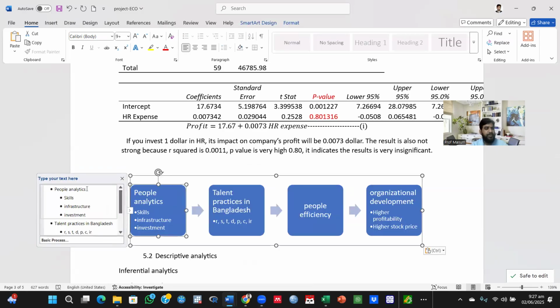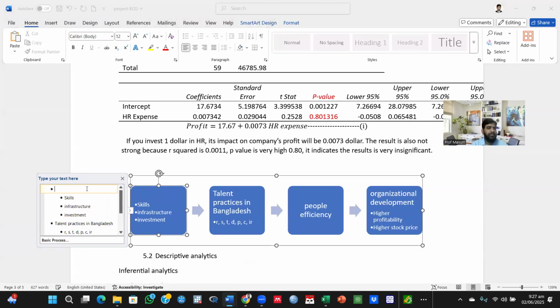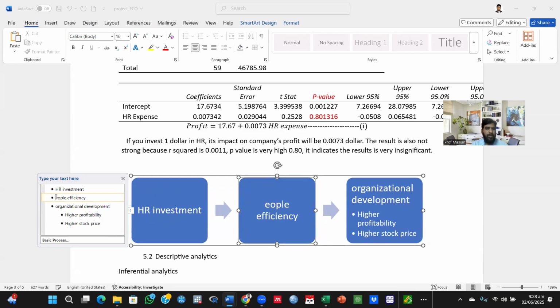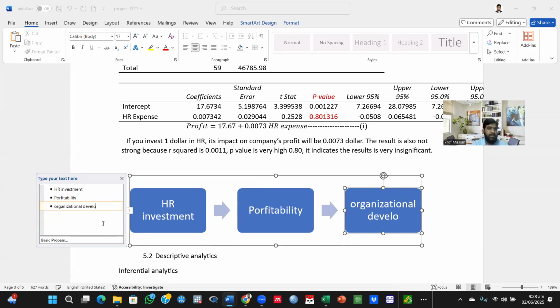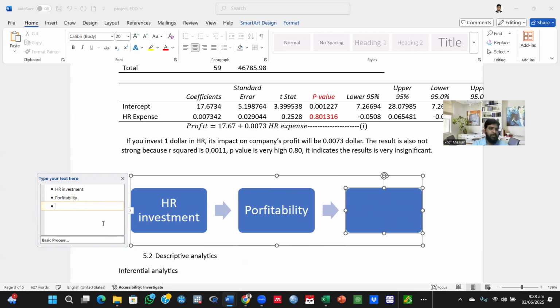So here it will be your HR investment impact on companies' profitability and impact of profitability on companies' market performance.